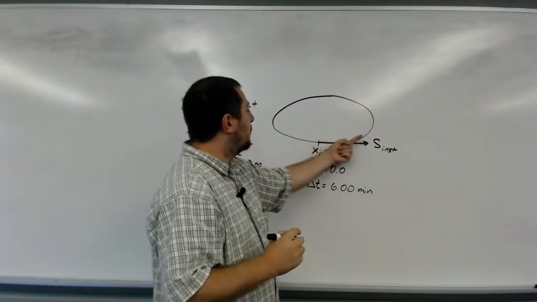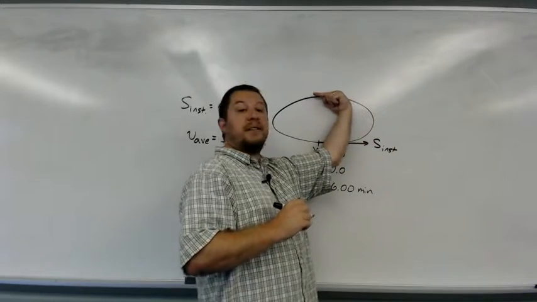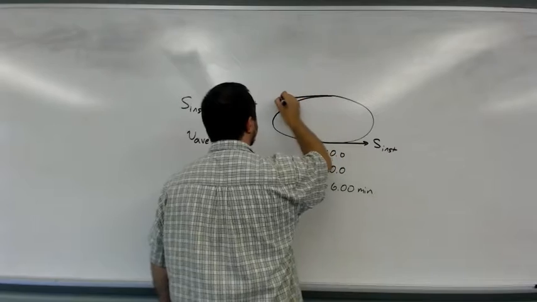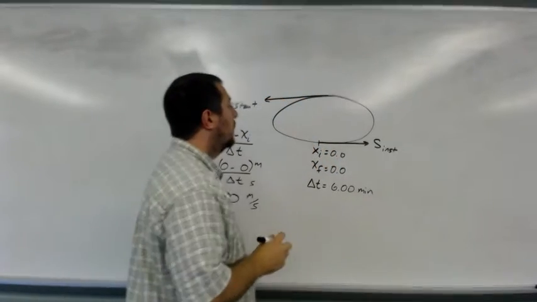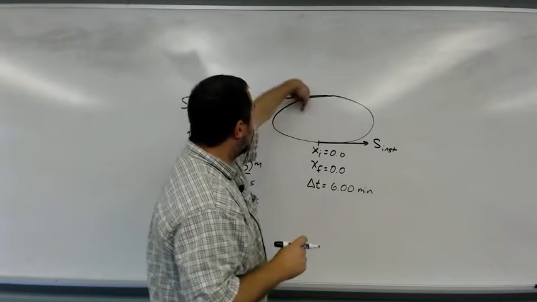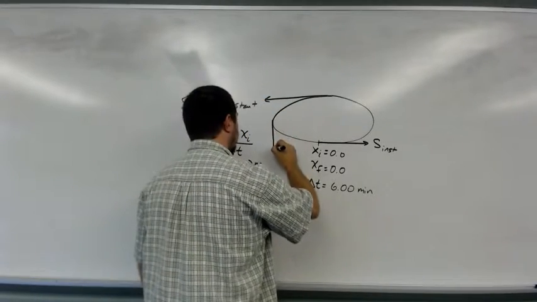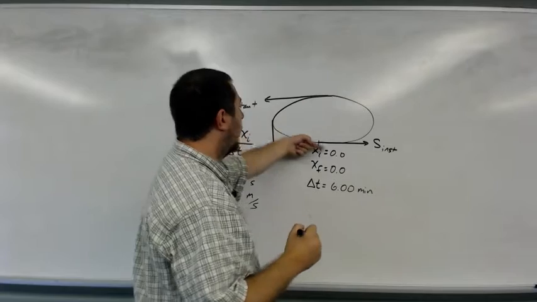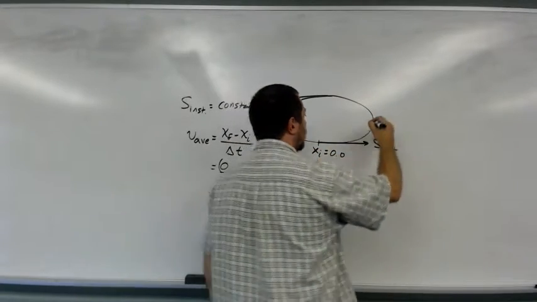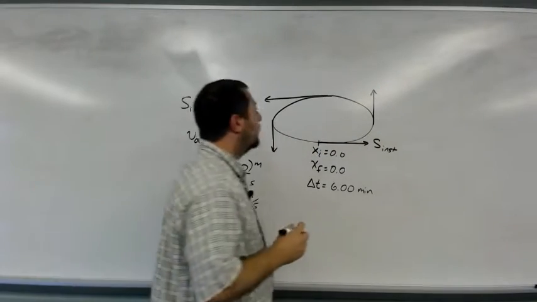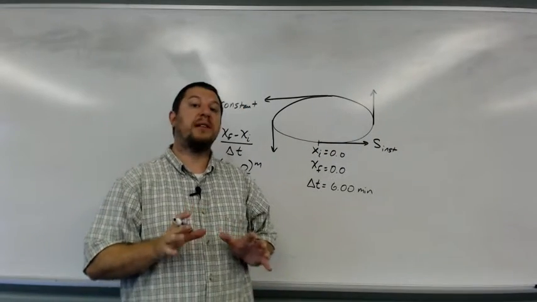And then as I run around the track, my instantaneous speed is at this point in the exact opposite direction. Okay? And as I'm running here, my instantaneous speed is pointing down. And here my instantaneous speed is pointing up. Okay? So those are actually your velocity vectors.